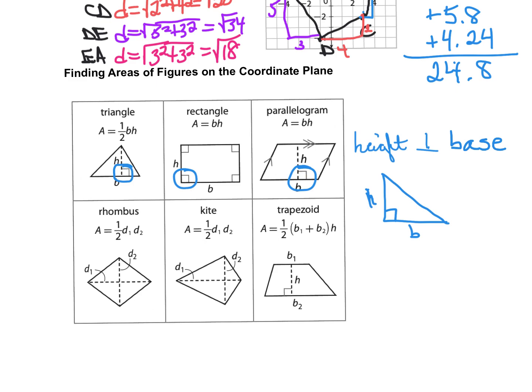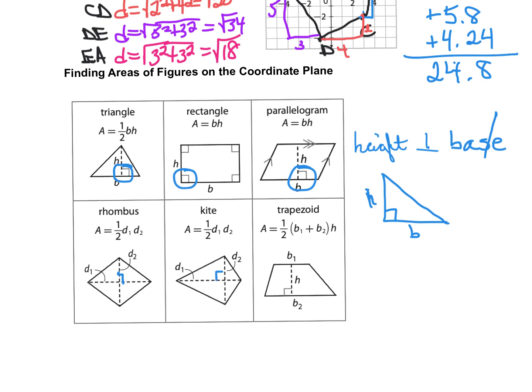A rhombus, which is almost like a triangle, right? You see 1/2 diagonal times diagonal. And if you think about it, a rhombus's diagonals are perpendicular, right? So it's almost like that, height and base. Kite, same thing.